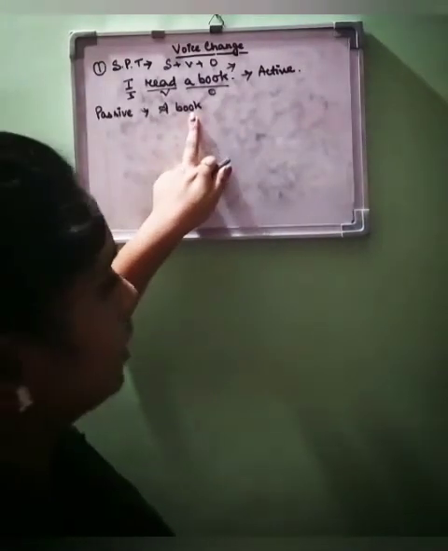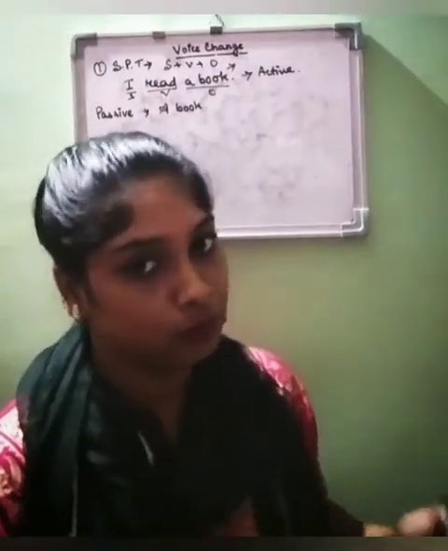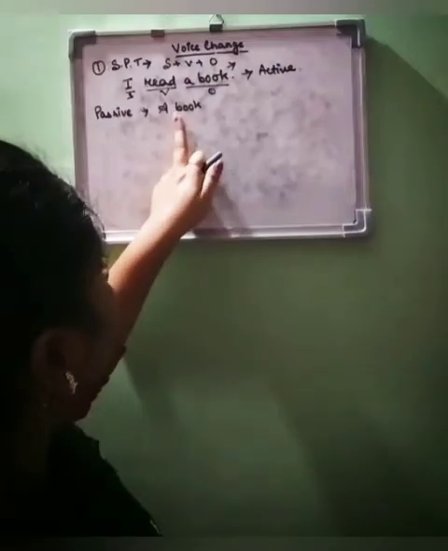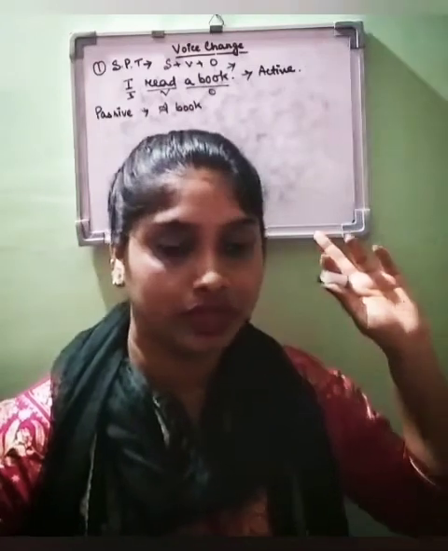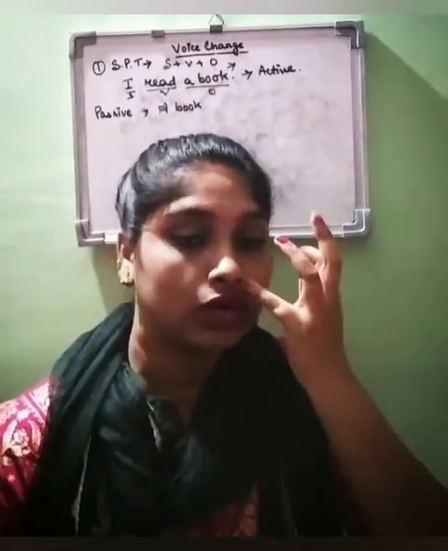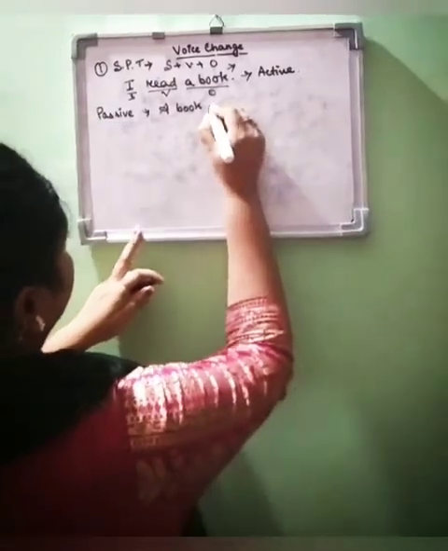Our subject has come. Now a book, is this singular or plural? It is singular. A book, one book. For a thing, we are referring to a book as it. So with it, what auxiliary verb will we use? We will use is.